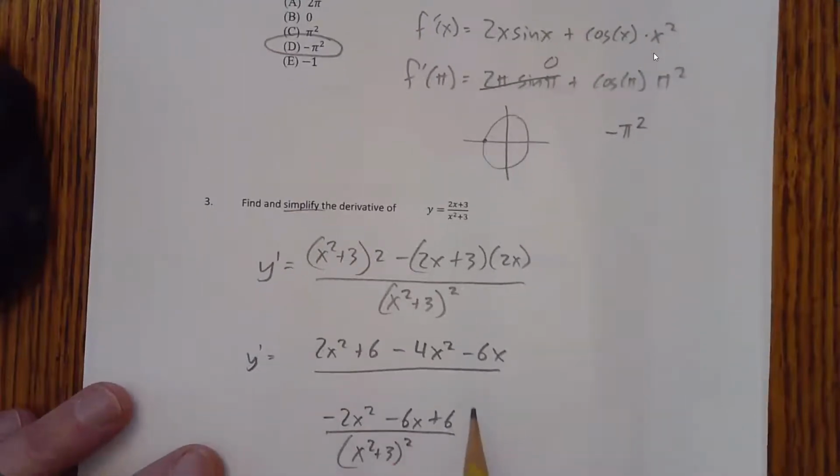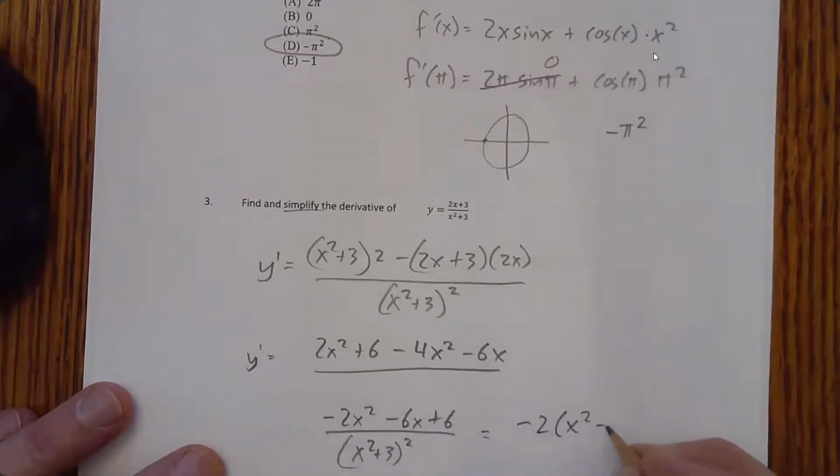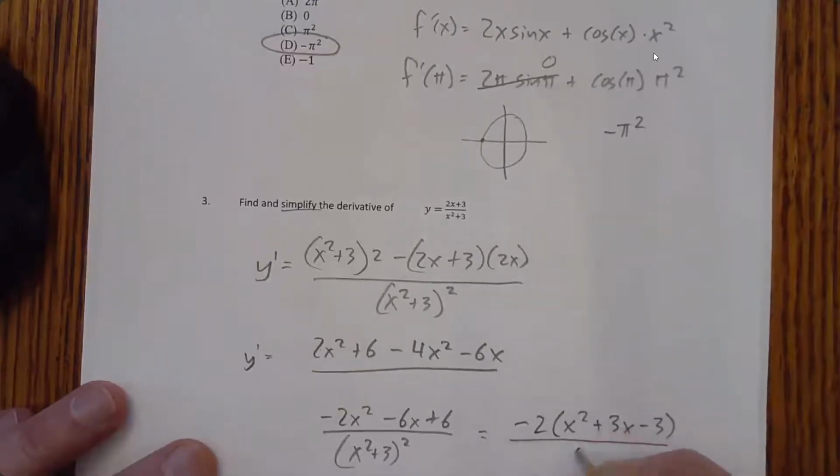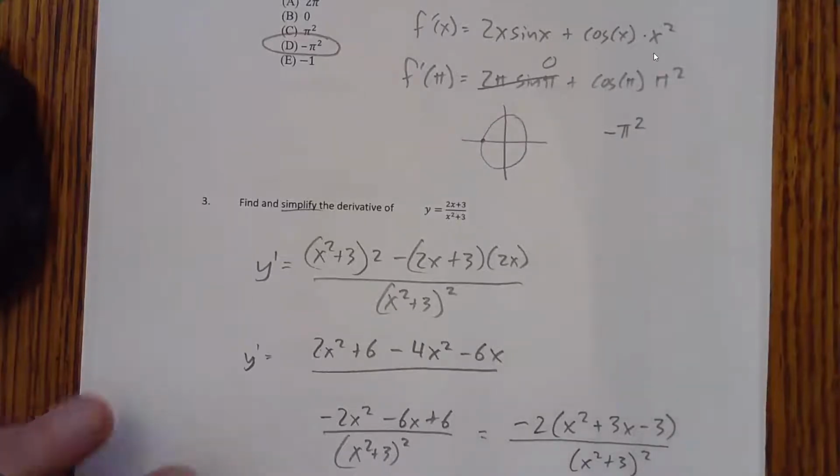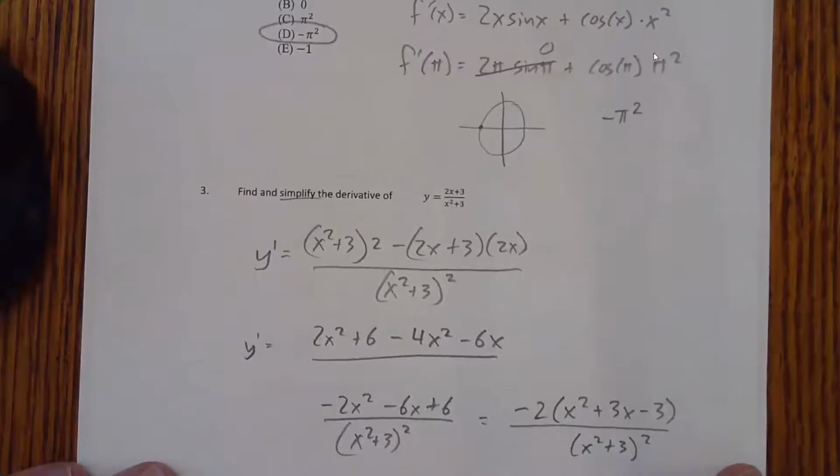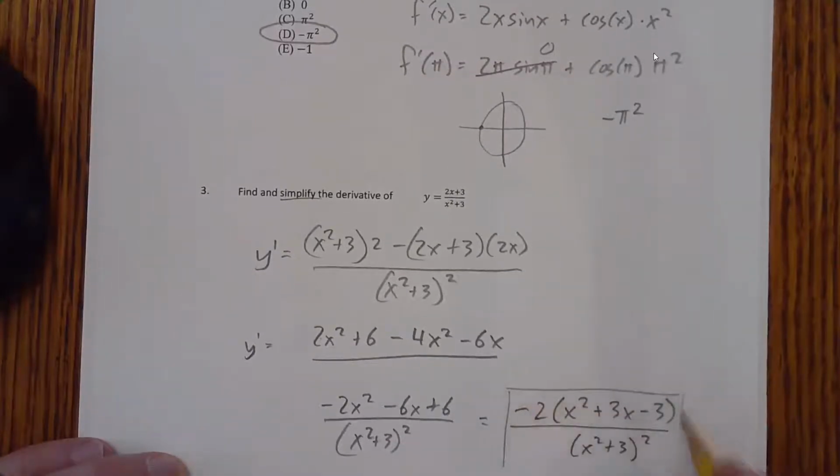You can pull a 2 out of that, or a minus 2 out of that, if you like. I wouldn't care, pulling out constants, not changing the structure too much. So either one of those would be good answers. This one is a little nicer.